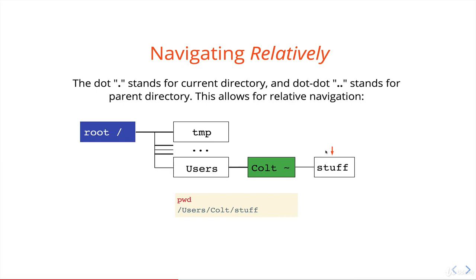And if I wanted to change back one level to the home directory to cult, I can just do cd space .. And that's the equivalent of saying, take me back one level. And in this case, if I did it absolutely, it would be cd /users/cult. But .. is so much shorter. So now if I type pwd, I see I'm in /users/cult.